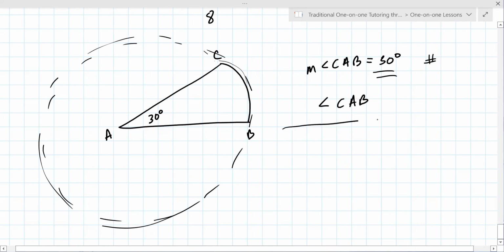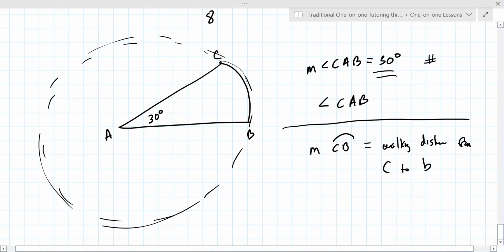Now, this next part's going to occur later in the course, but I think it's an important thing to bring up here. If I ask you for the measure of arc CB, here's what I'm asking for: the walking distance from C to B. Imagine you walking around a lake, go from C to B. There's some distance there.